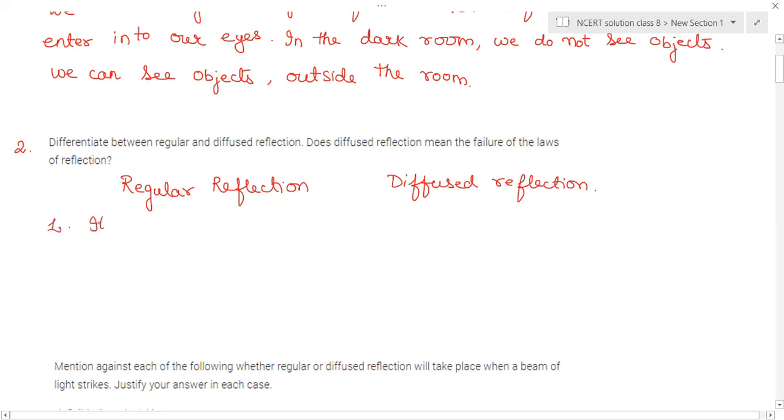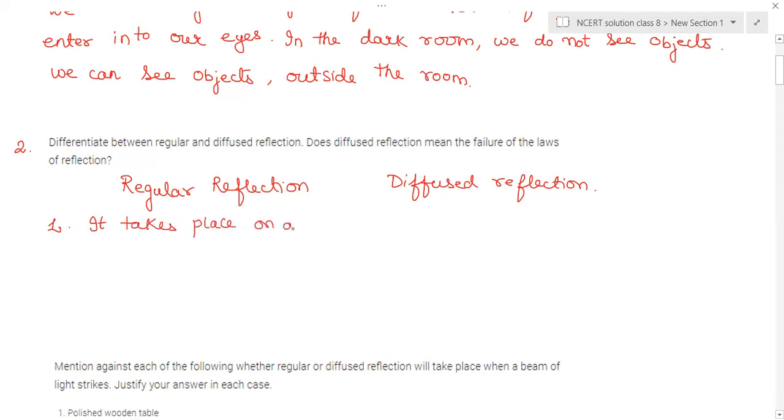First, regular reflection takes place on a smooth and shiny surface. Here, diffused reflection takes place on a rough surface.